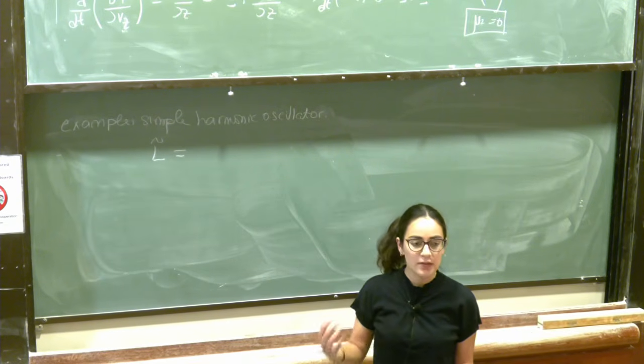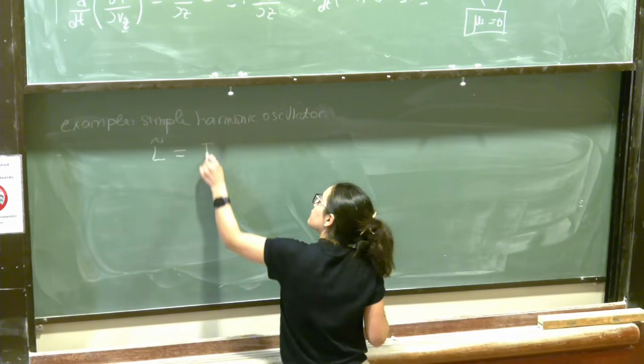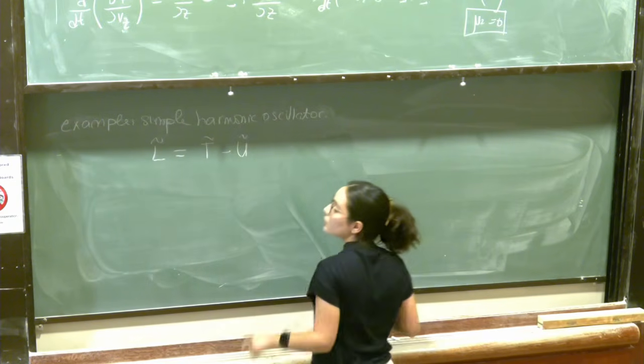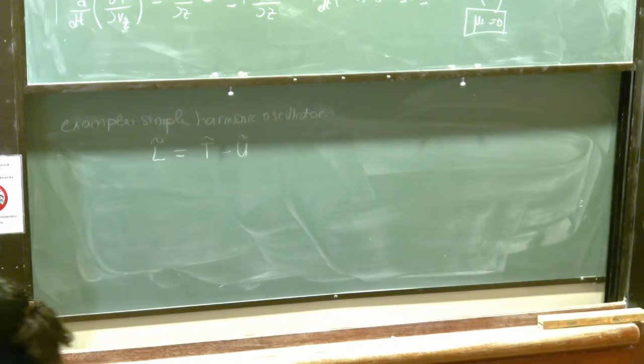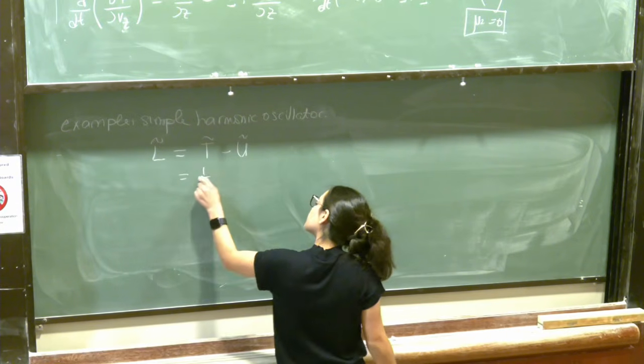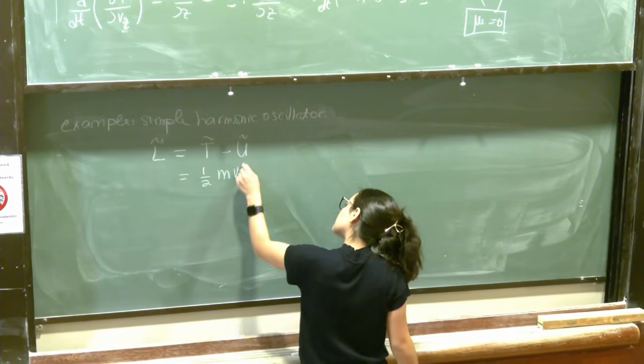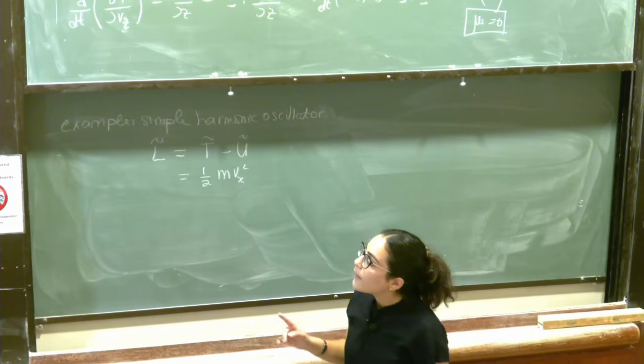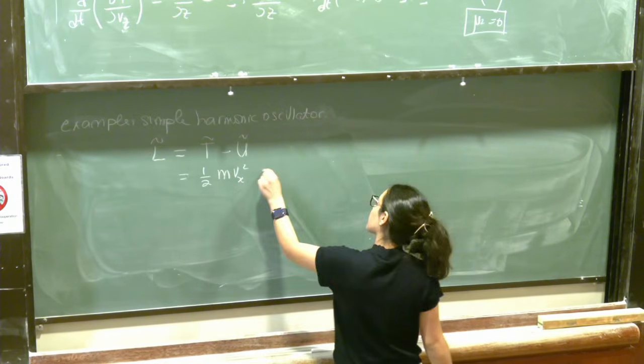So y is 0 and z is 0. So this was the unconstrained Lagrangian. You see it here. What is the constraint Lagrangian? Vy and Vz are 0, right? And also y is 0. So I'm left with half mvx squared minus half kx squared.